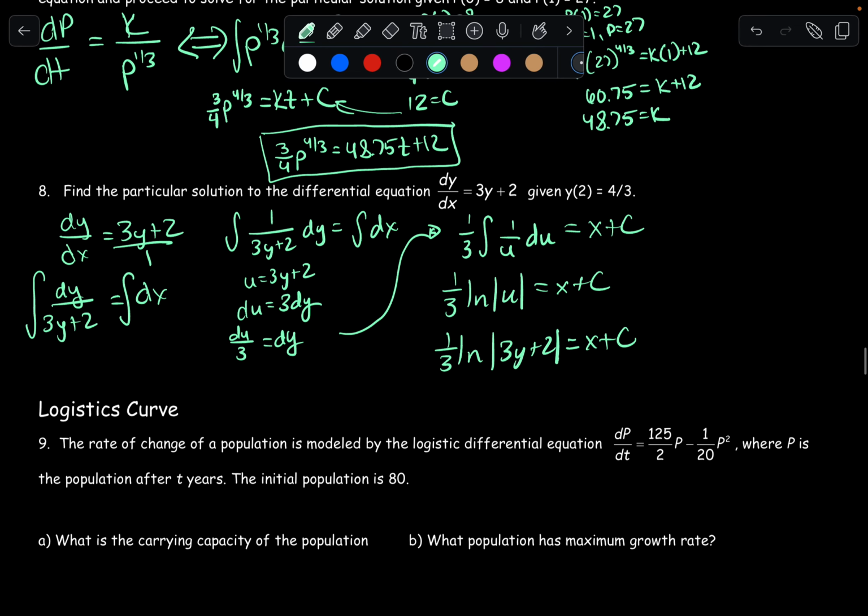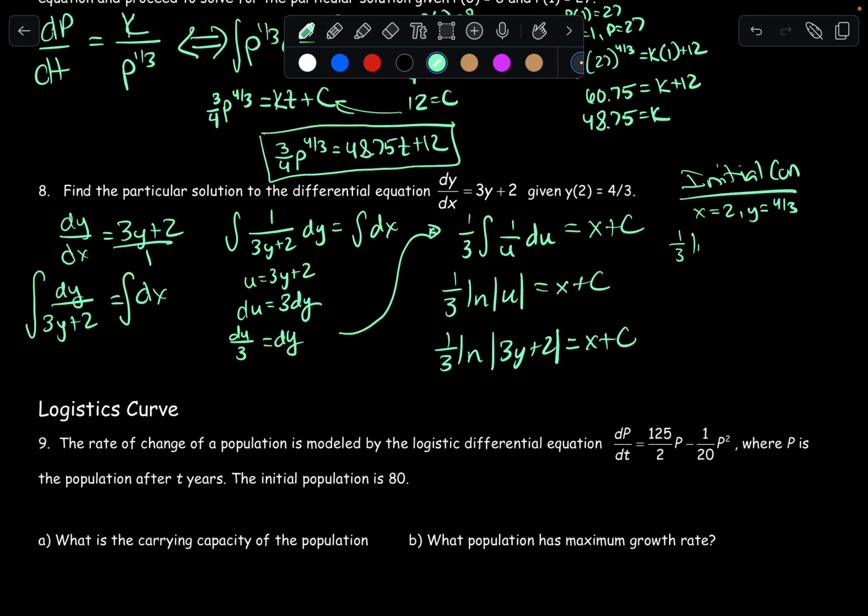All right, so we have our general form, but now we're given an initial condition. So we'll do what we did up top. We will plug this in. So we have x is equal to 2, and then y is equal to 4/3, because we want to solve for c for this particular solution.